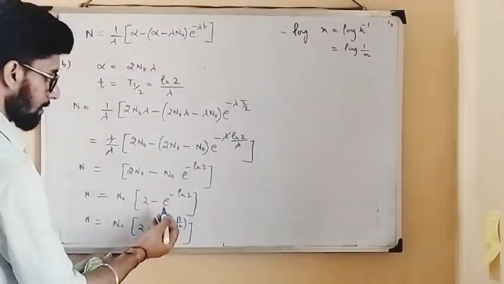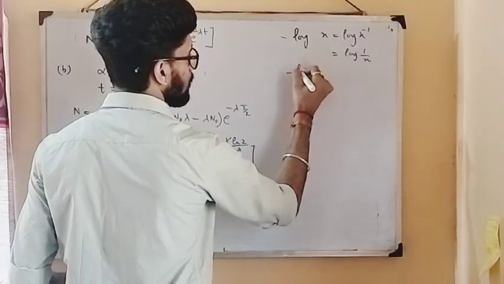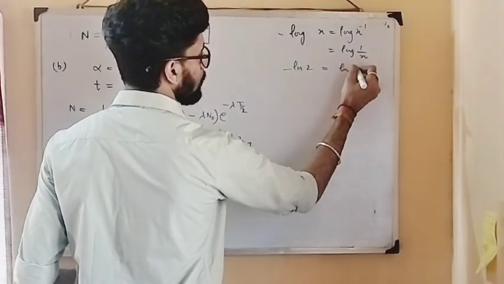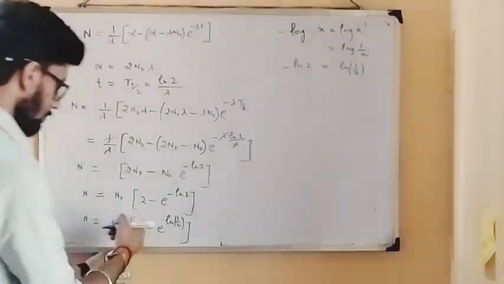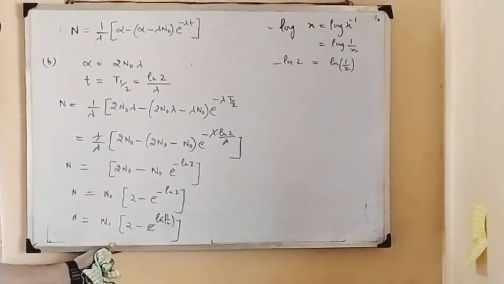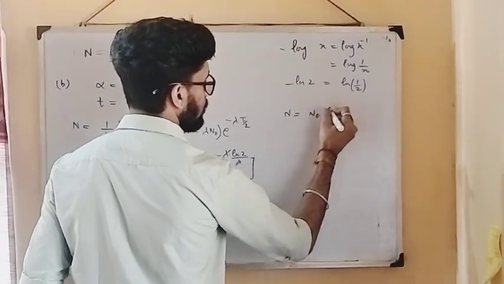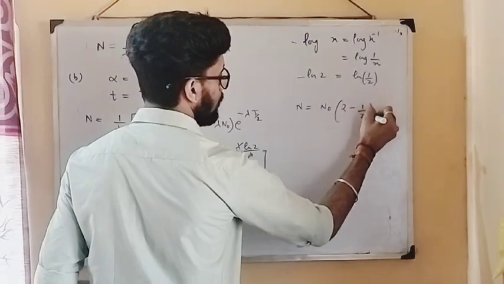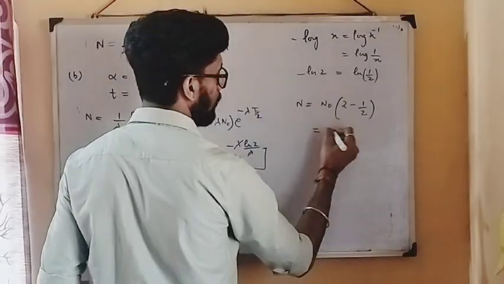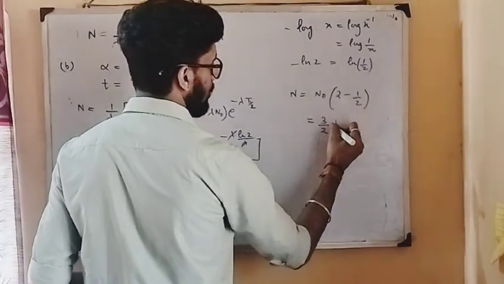So minus natural log of 2 can also be written as natural log of 1 upon 2. Now exponential and log will omit each other. So we get n is equal to n naught into 2 minus 1 upon 2. If we solve it overall, we get 3 by 2 n naught.